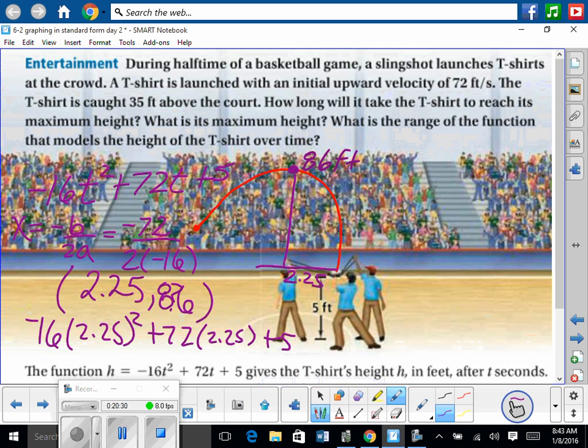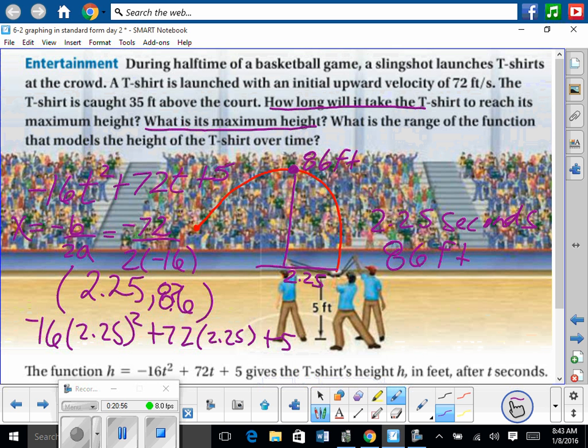So I answered the question. It says, what is its maximum height? 86 feet. It says, how long will it take the t-shirt to reach its maximum height? Well, 2.25 seconds. Does everybody understand that? It reaches a height of 86 feet. Is everybody good? And then it says, what is the range of the function that models the height of the t-shirt over time?